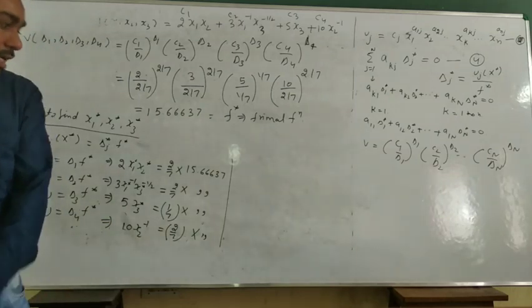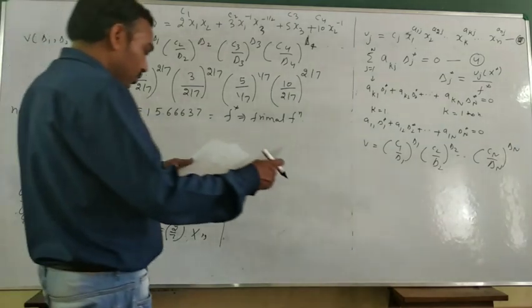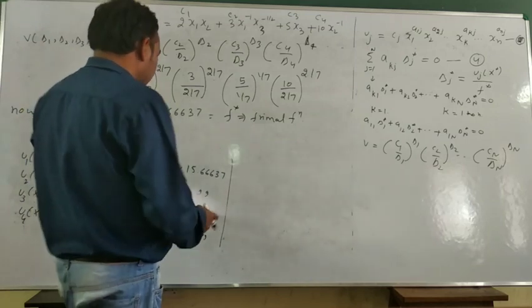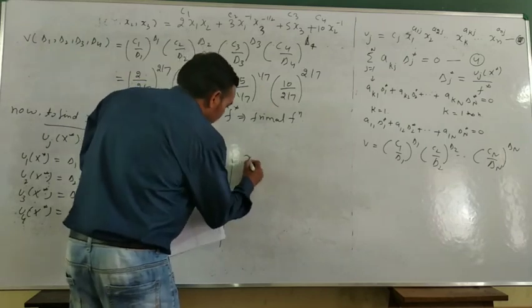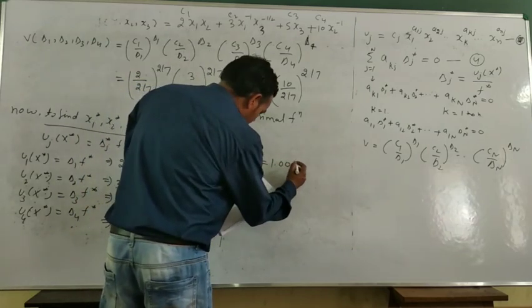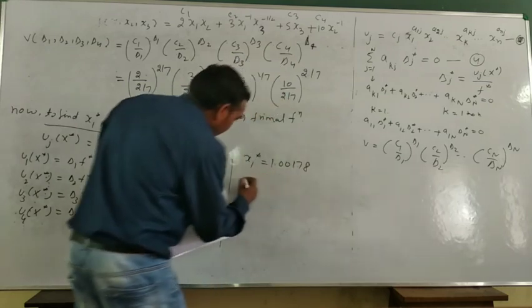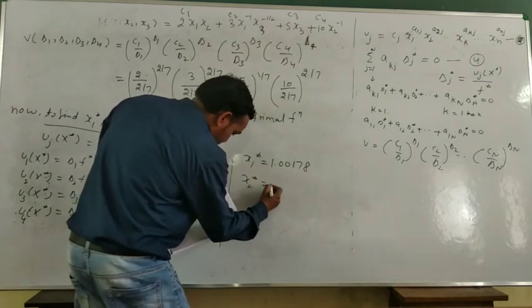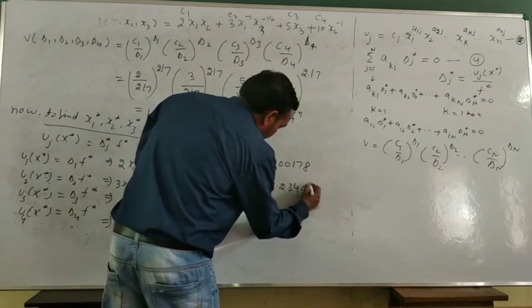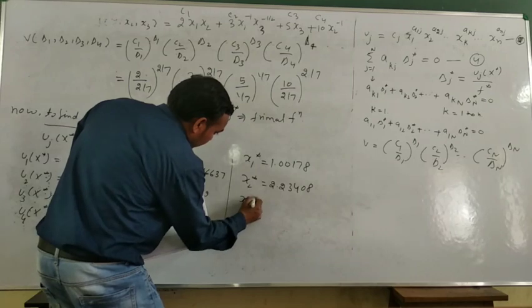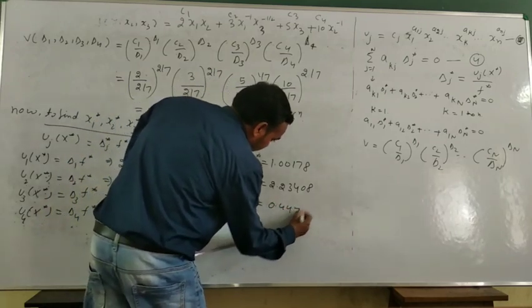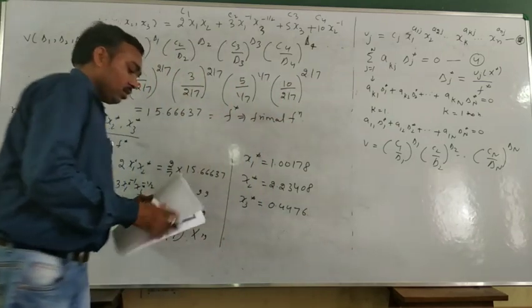So here I write the final values: x1 star equals 1.00178, x2 star equals 2.23408, and x3 star equals 0.4476.